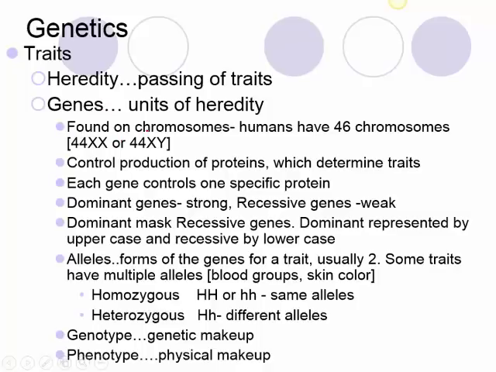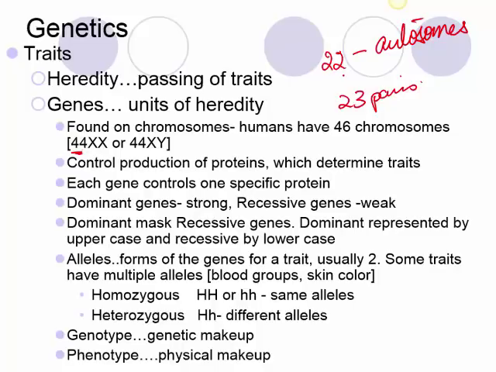Genes are found on chromosomes. Humans have 46 chromosomes, or what we call 23 pairs. Of these 23 pairs, we say that 22 pairs are called autosomes. So 22 pairs means we can say 44, okay?